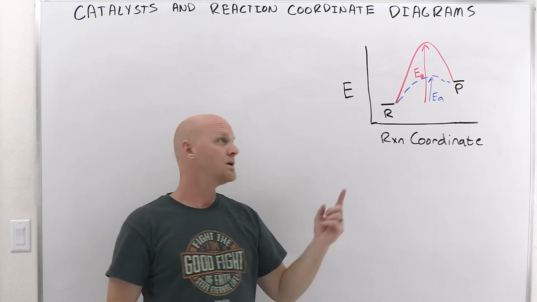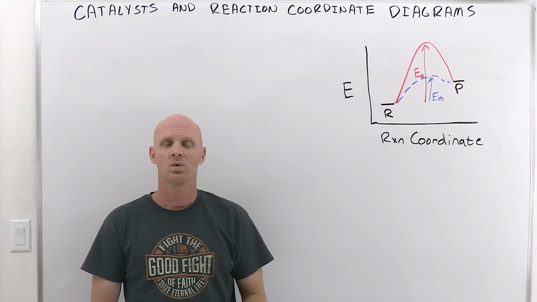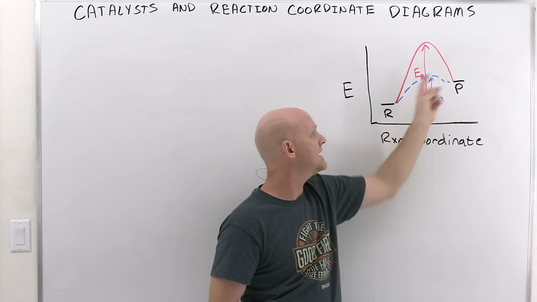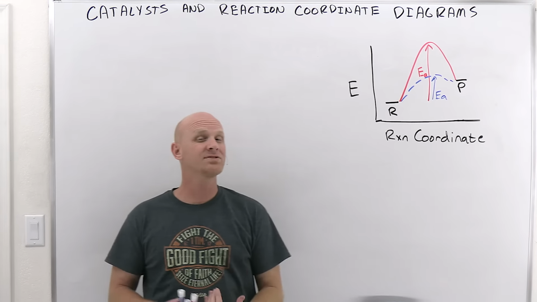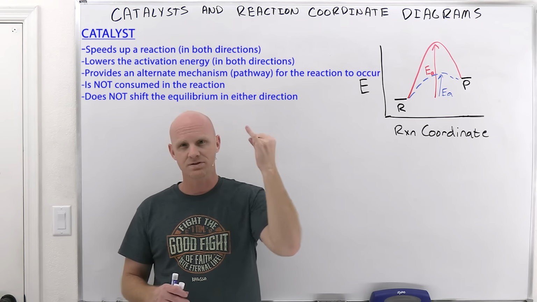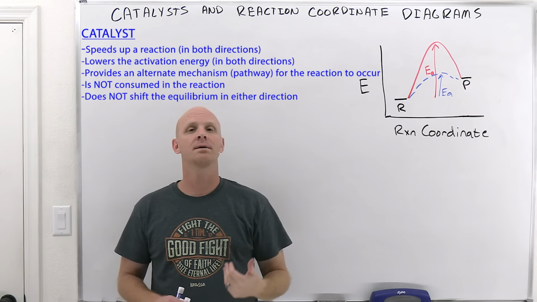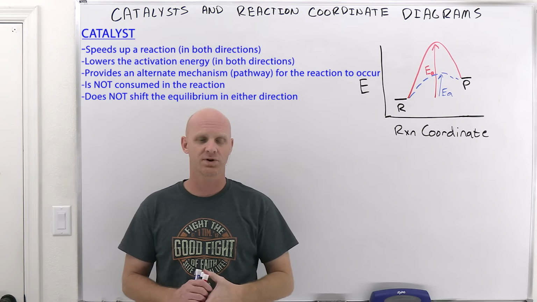But you might have two hills, two humps as you go across, and that would correspond to two steps. Your uncatalyzed reaction and your catalyzed reaction don't even have to have the same number of steps. But the thing that will always be true is that a catalyst will speed up a reaction by lowering the activation energy, by providing an alternate pathway or mechanism for the reaction to occur.